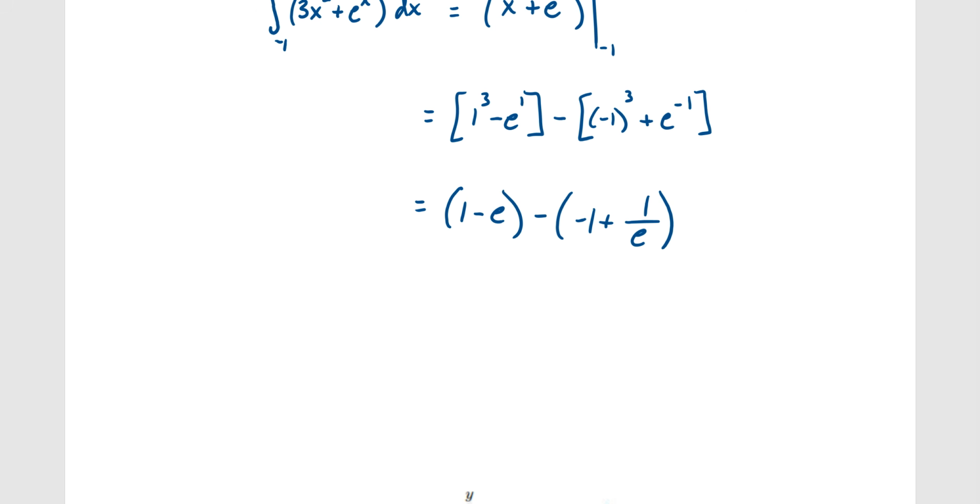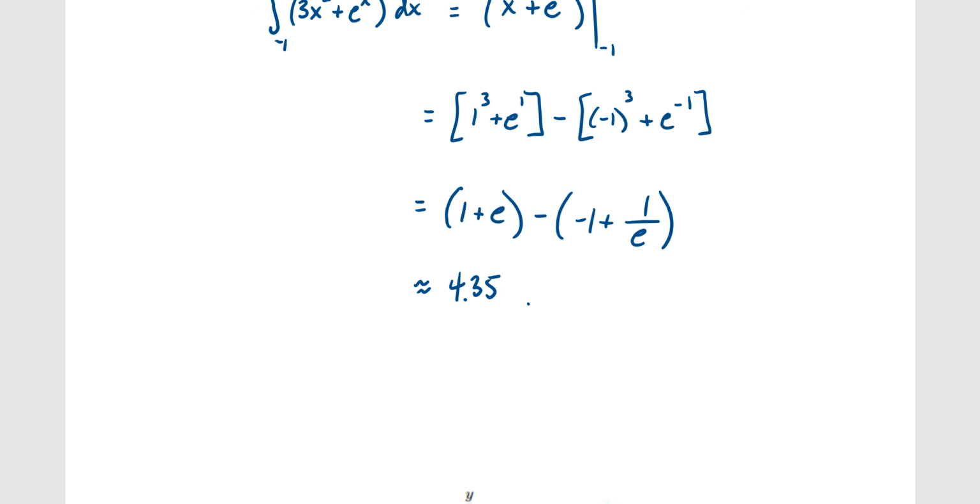And I just realized that this should be a plus. So that's plus e plus e. There we go. And plug this into the calculator because it's going to give us a decimal, and it's going to be about, we have to round, it's going to be about 4.35.